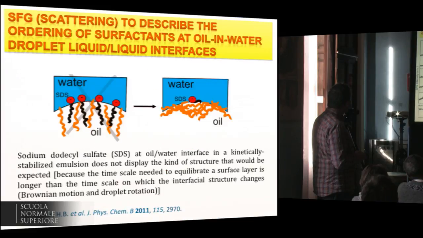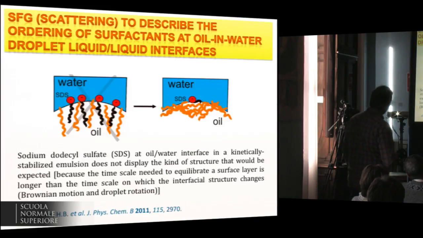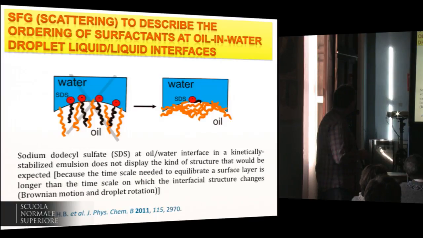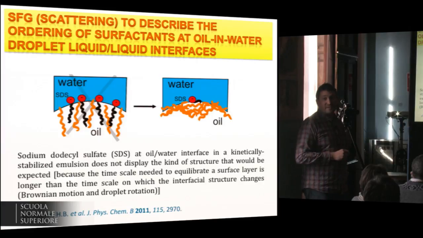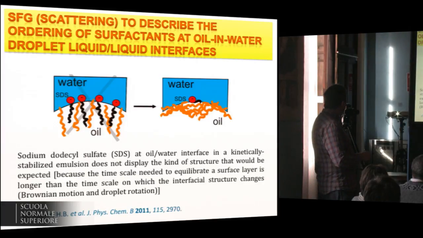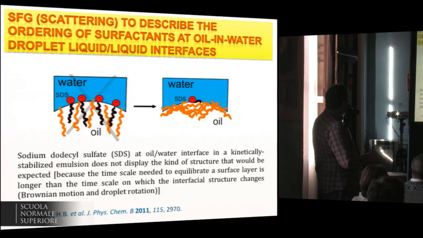I have a second example. This is from a work of Sylvie Roque, and she was investigating the organization of surfactants in oil in water droplets, liquid-liquid interfaces. So typically here you have an oil droplet in water, and what you might think, and that is the case at equilibrium in a sense, is that the surfactant molecules should be organized in this way.